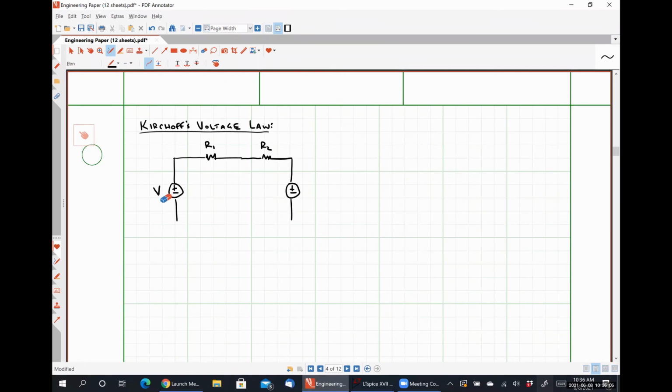I just decided to use two different voltage sources. So this will be VX and this will be VY. And let's call this guy down here R3.